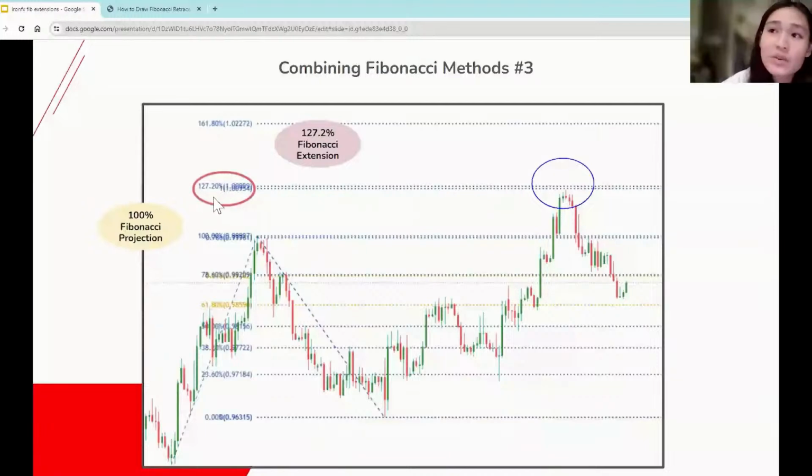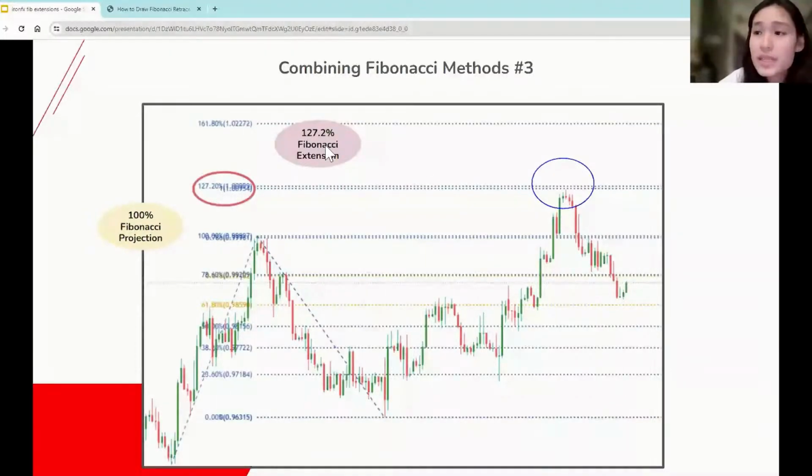That's why we're looking at 127.2 and 161.8. Fibonacci projection wise, we are looking at the lightning bolt shape again, so starting point here, middle point here, and ending point here. The 100% Fibonacci projection lines up nicely with our 127.2.